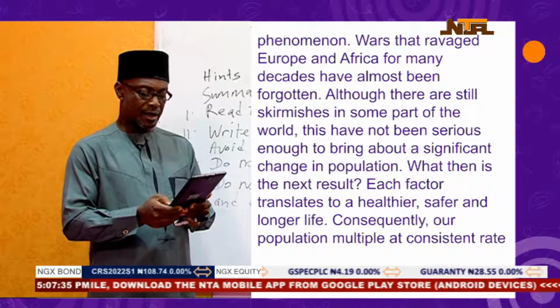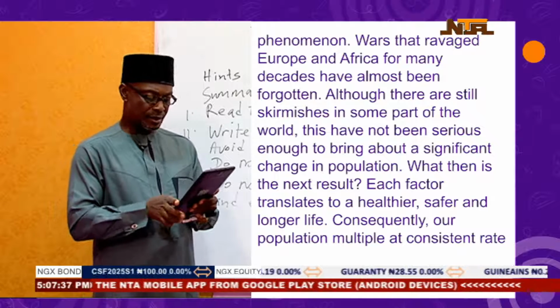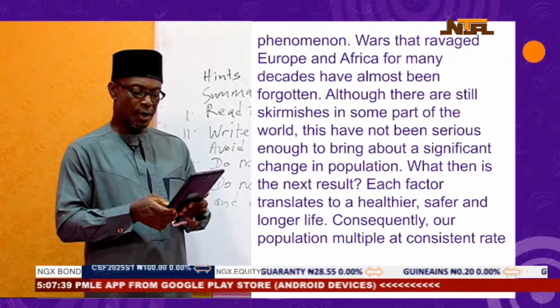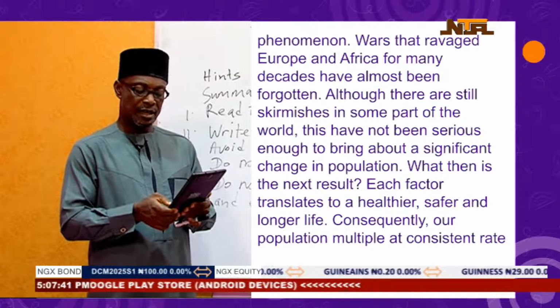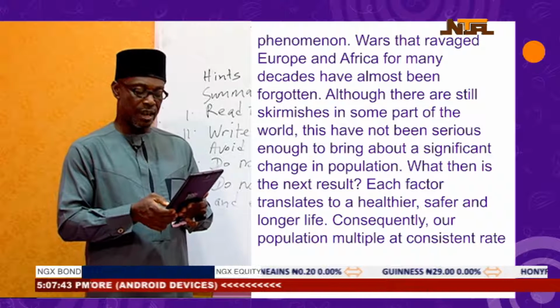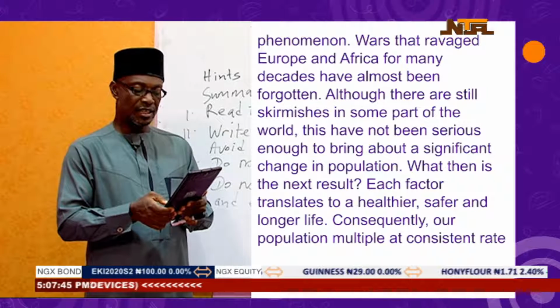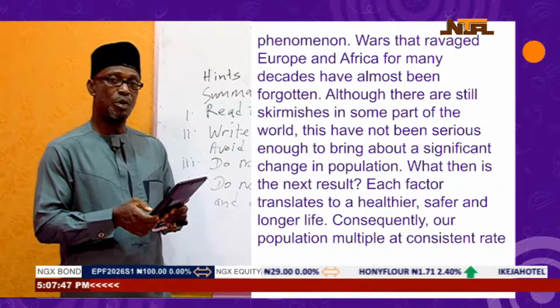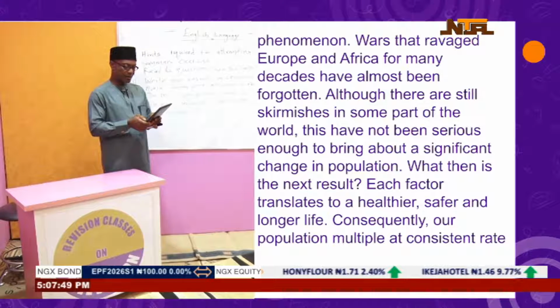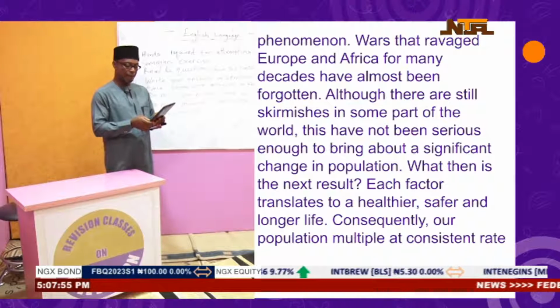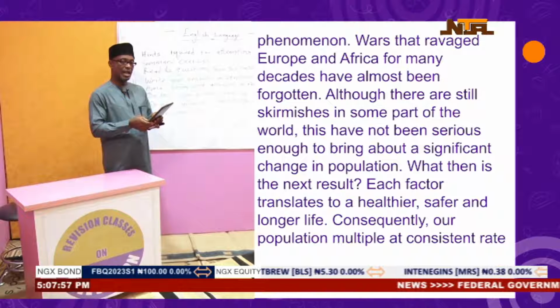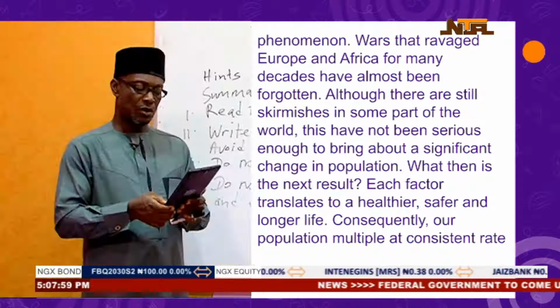Although there are still skirmishes in some parts of the world, these have not been serious enough to bring about a significant change in population. What then is the net result? Each factor translates to a healthier, safer, and longer life.